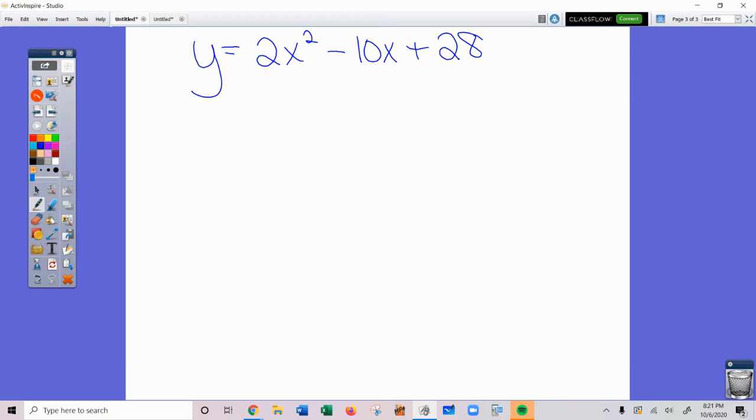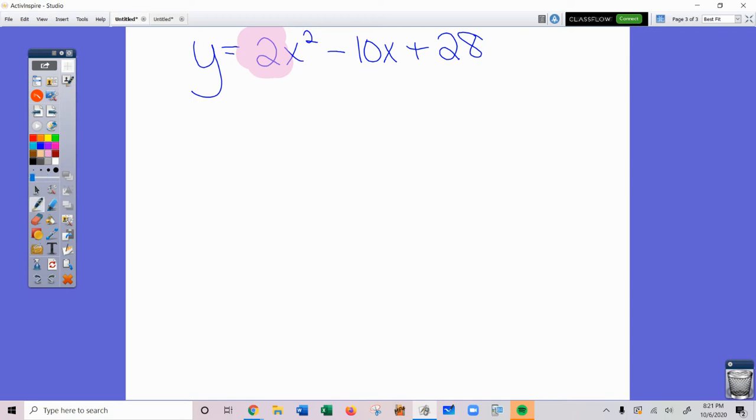We also now have just learned that by looking at the a value, we can determine if the parabola opens up or if it opens down. So our a value on this one is 2. We should already know how to identify a from the quadratic formula.